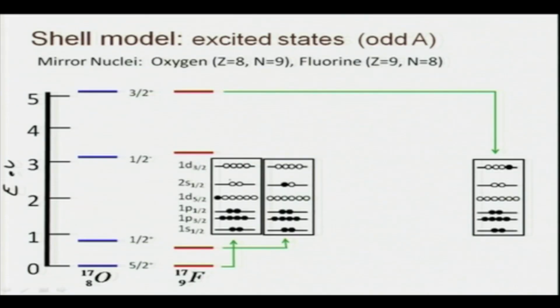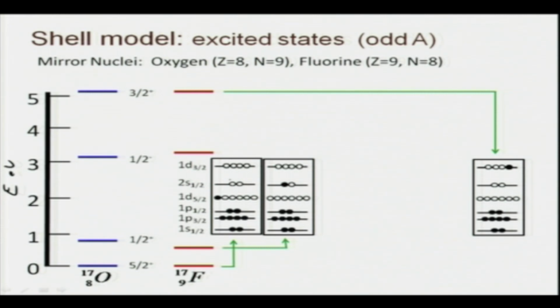So, if you give something of that order, 2 electron volts, then it will break the pair. Here we can say that the outermost completed subshell is 1p 1/2 with 2 neutrons in the case of oxygen.